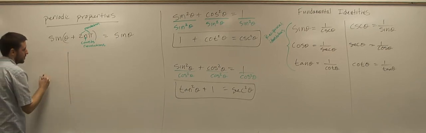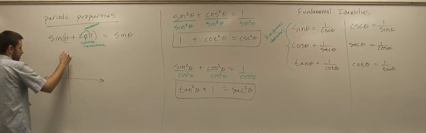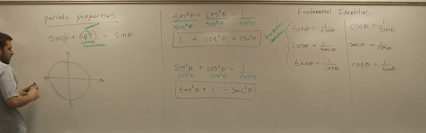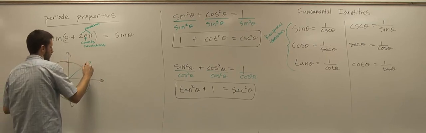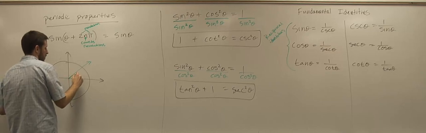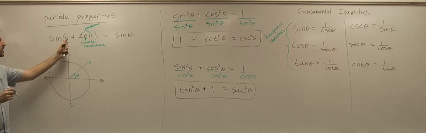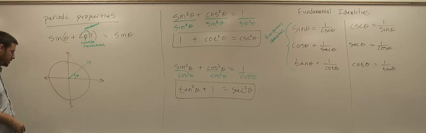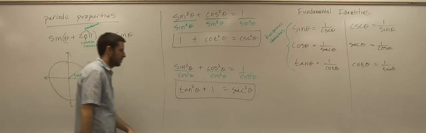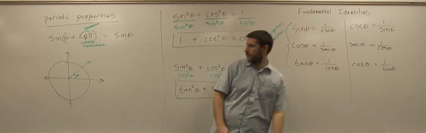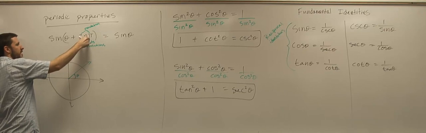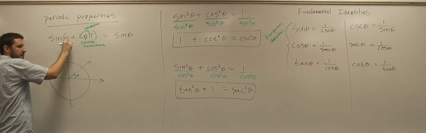So here's a little diagram. Here's my unit circle. Here's theta. What do you think theta plus 2n pi, how can I represent that schematically on this diagram? Theta plus 2n pi means go any number of revolutions and then back to theta.